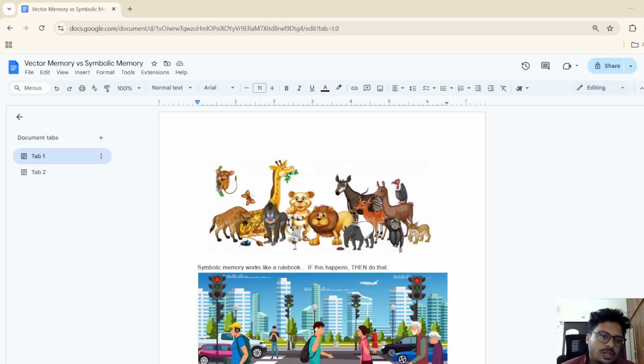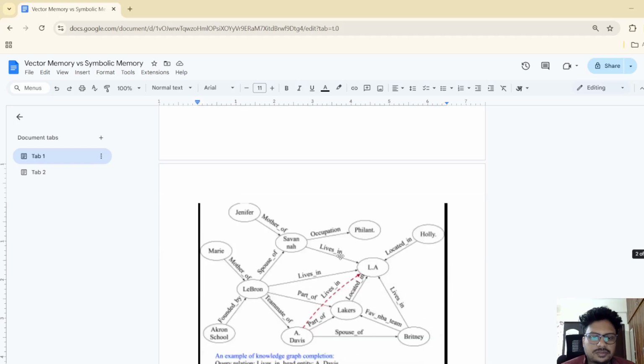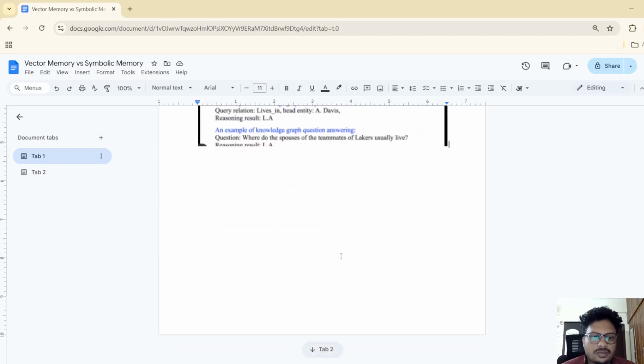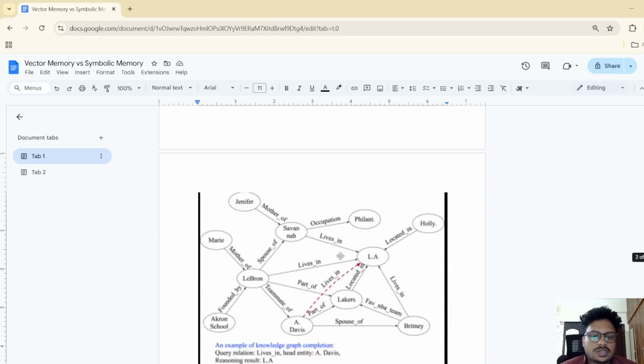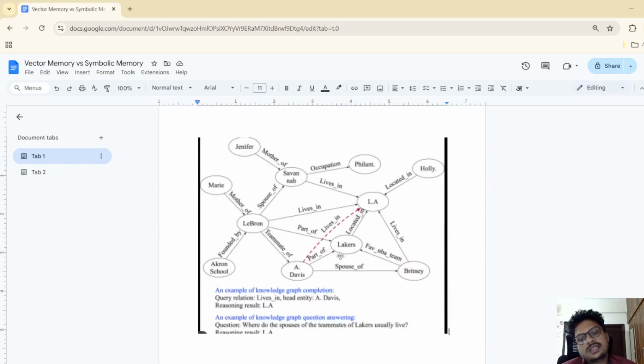Now we'll see this symbolic memory in the picture. Across the school, just the logic, just the rule book you have to find. We can see from the picture Akron School, which is founded by Lee Bond.